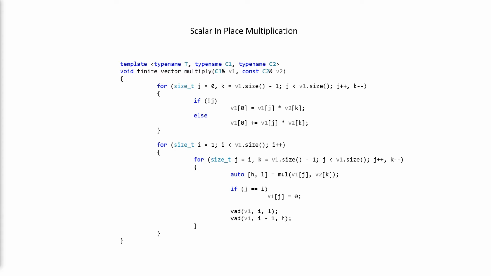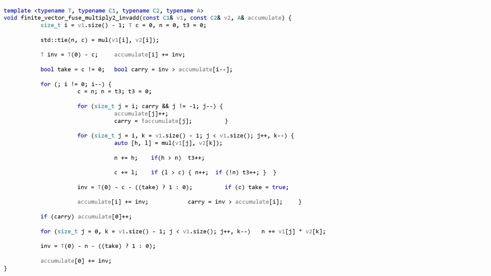I was thoroughly excited when I discovered that the complexity of scalar multiplication is half that of a matrix transformation. Therefore, I have a reason to optimize a scalar integer. Here it is, a fused vector multiplication with an inverse add. It's a beast, but it's beautiful.